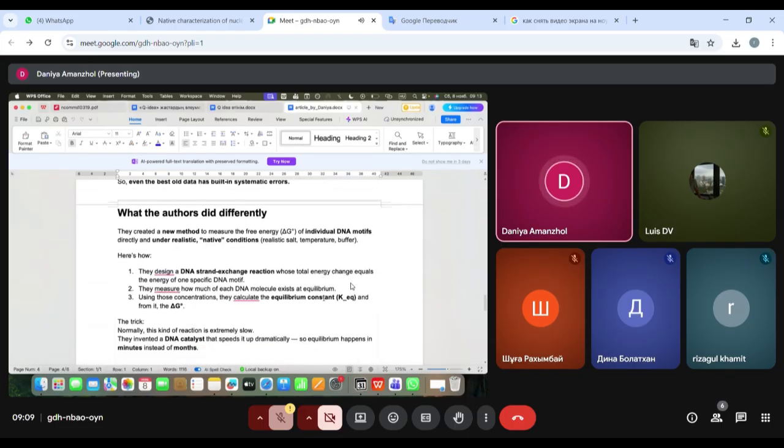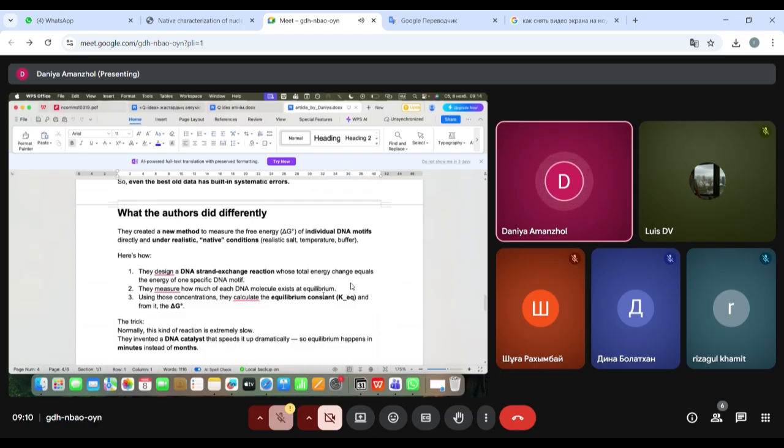So here I would like to show what the author scientists did differently from other articles. They designed a DNA strand exchange reaction whose total energy equals the energy of a specific DNA motif. As I mentioned, they decided to take the overall Gibbs energy as a sum of specific motif energies.